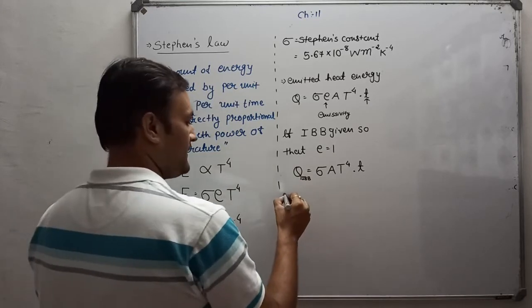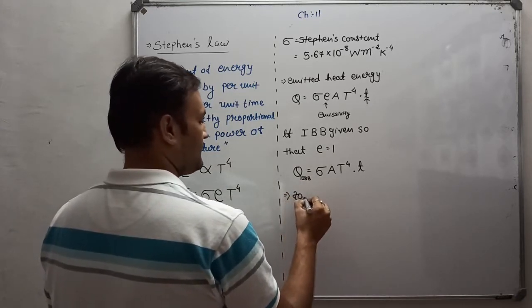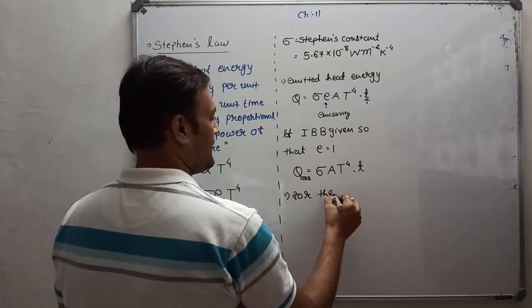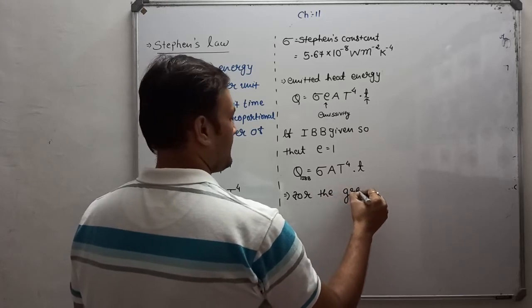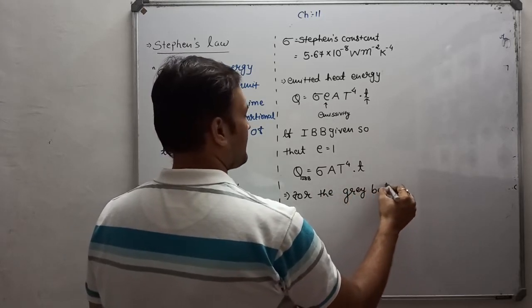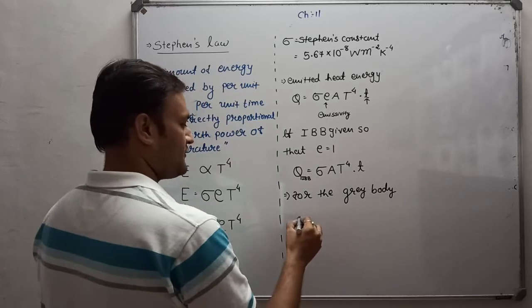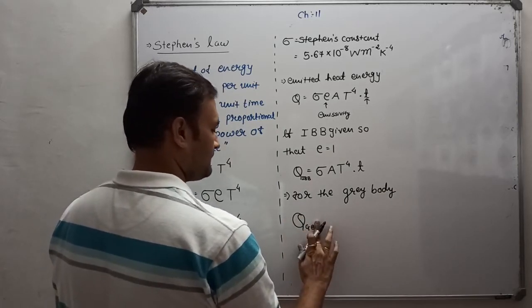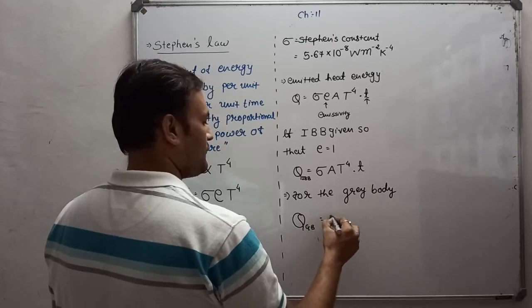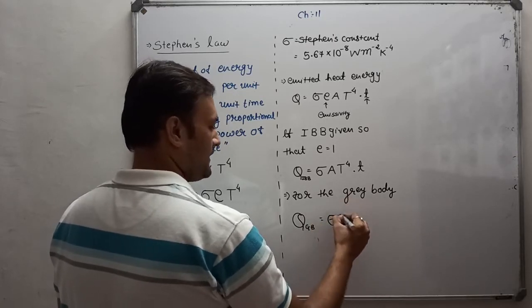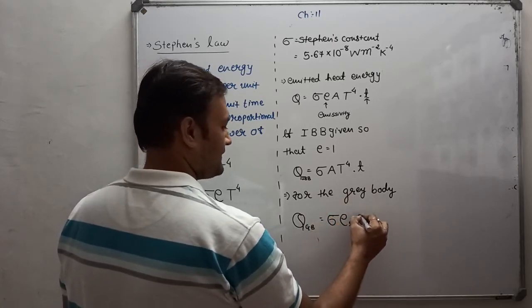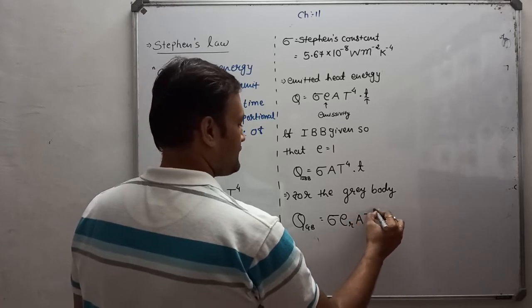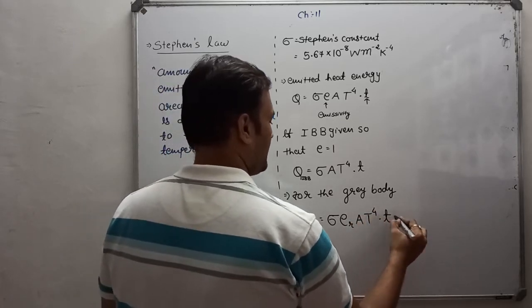For the grey body, Q for the grey body is equal to sigma E A T raised to 4 into t.